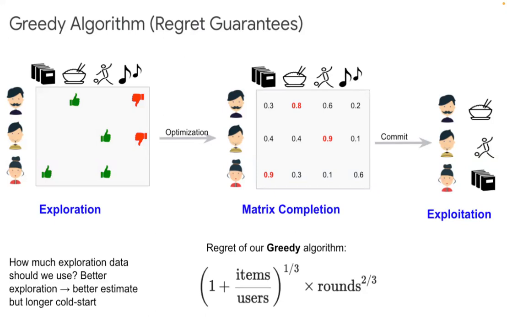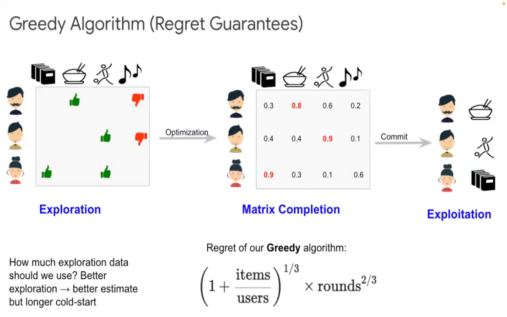Okay, great. So the regret of our greedy algorithm scales as 1 plus items by users to the power 1/3 times rounds to the power 2/3. This is actually similar to the regret guarantees obtained for a single user multi-round bandit optimization problem by the greedy algorithm. Okay? But if you notice carefully, the effective number of items that we have is a ratio of the items and users, right?